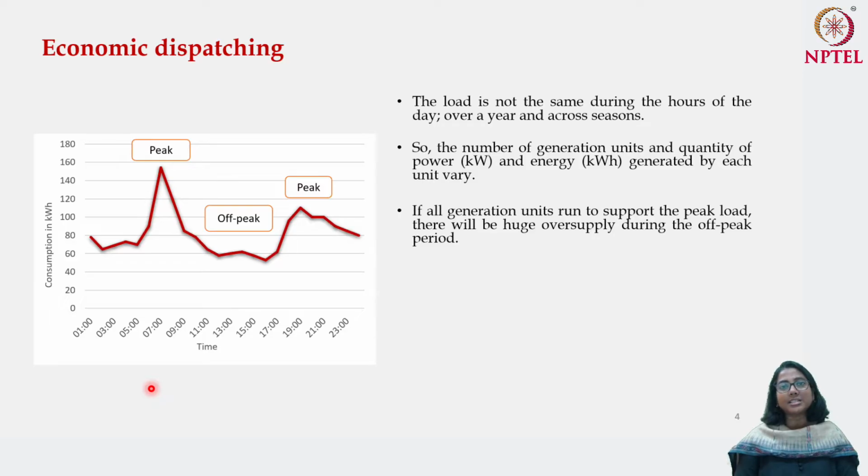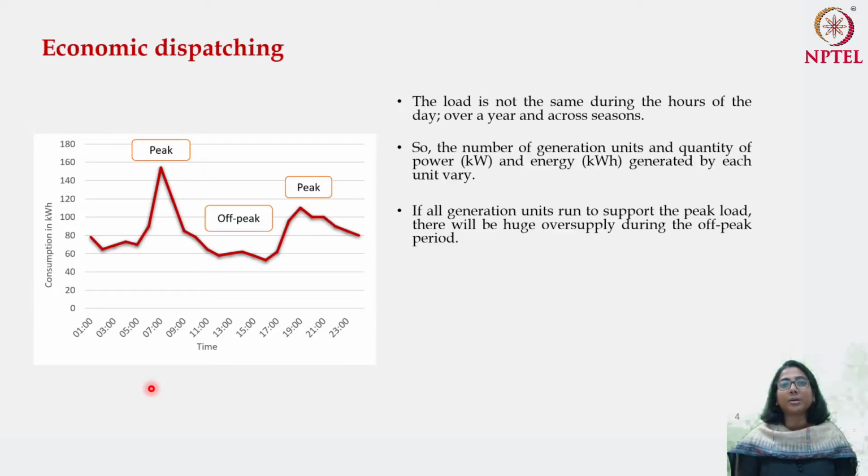This also we have discussed, and we have seen that if all the generators are running at capacity in order to supply the energy required to support the peak load, then during the off peak period there will be high supply of electricity with very low demand. So a lot of the electricity being generated will be wasted, and this also has implications for the running cost. You are incurring a running cost which is not fetching any revenue, and it's a complete waste.